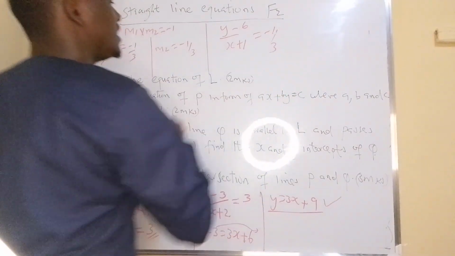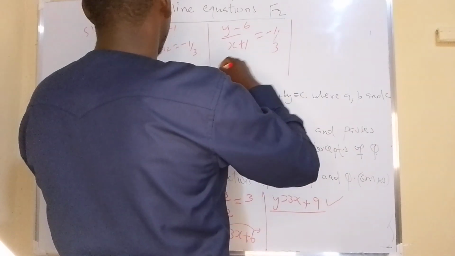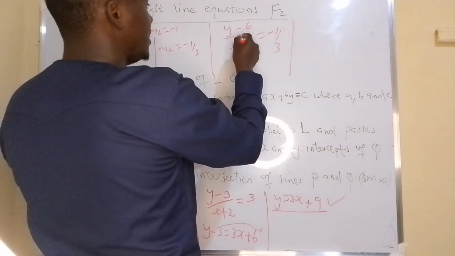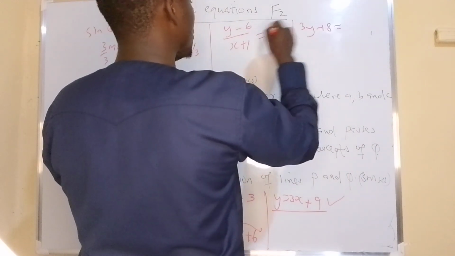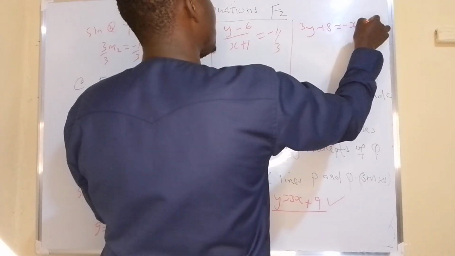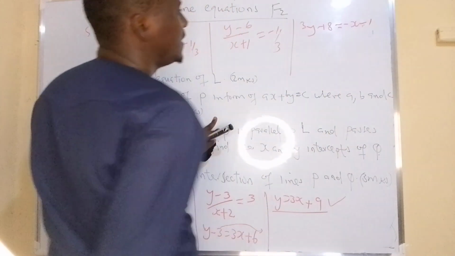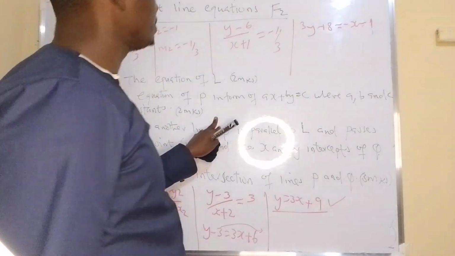From there we proceed. Now I'm going to cross multiply this one. It will be 3y minus 18 equals -x minus 1. Are you getting that? It's important that you see what we are doing.